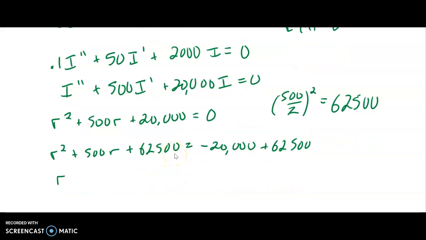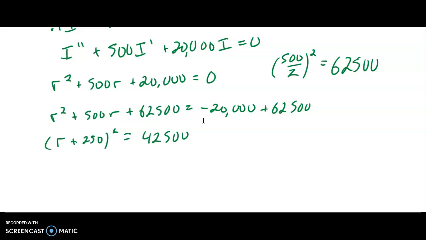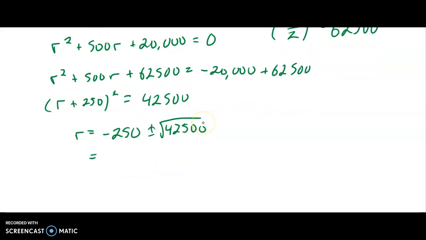That on the left side factors to r plus half of the 500. So that's r plus 250 squared is equal to, when I combine these terms, I get 42,500. And then I can square root and move the 250 over. That gives me r equals negative 250 plus or minus the square root of 42,500. This is about negative 250 plus or minus 206.155.